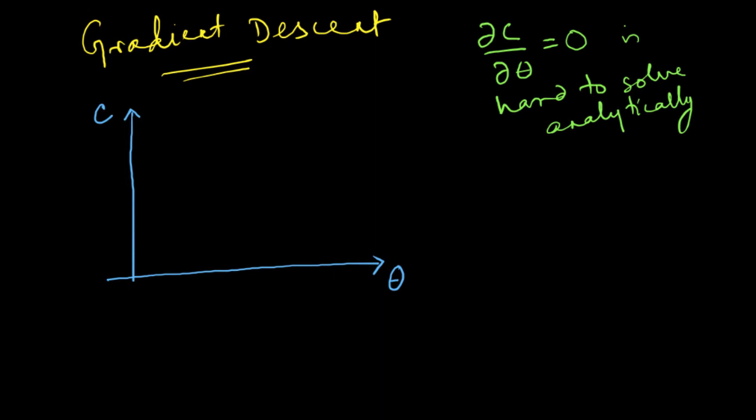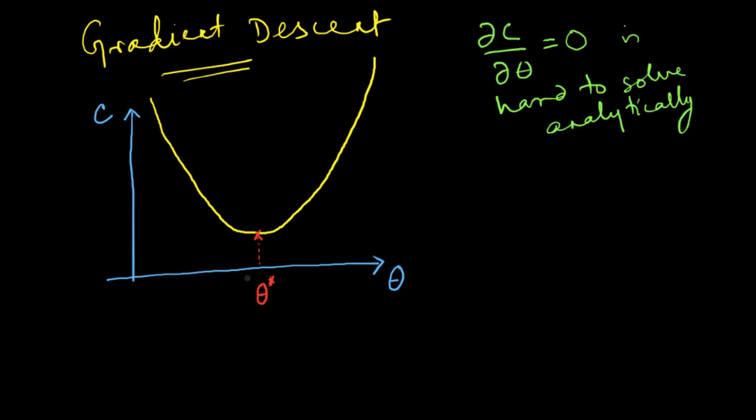And now let's say that the function c of theta is of this kind. So now visually we can say that the minima is somewhere over here. So this is your point theta star at which your c takes the minimum value.